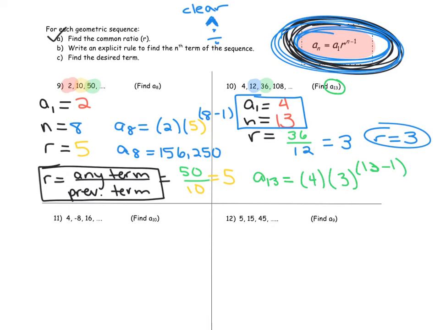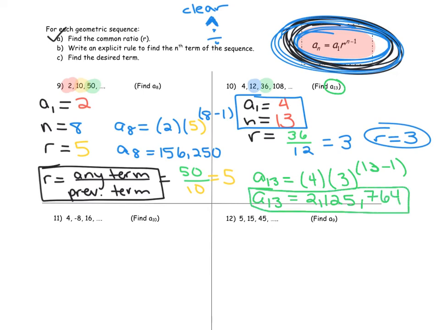And guys, again, just plug that in the calculator and let me know what you get. So we should end up getting, so a sub 13 equals 2,125,764. So that's a sub 13.